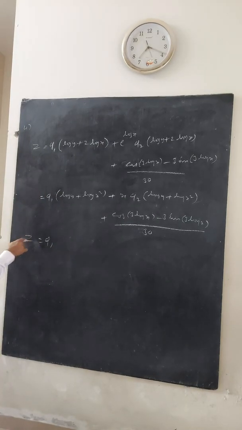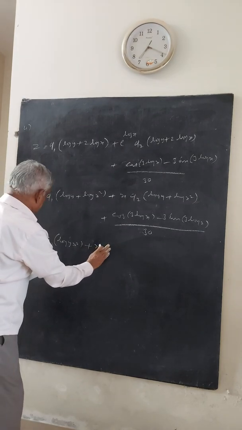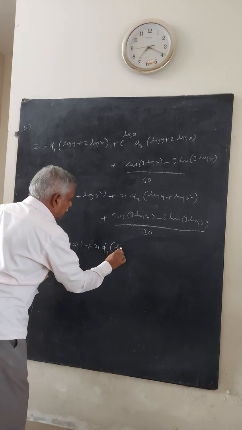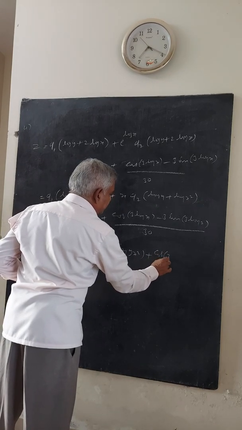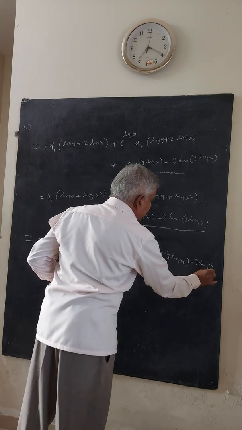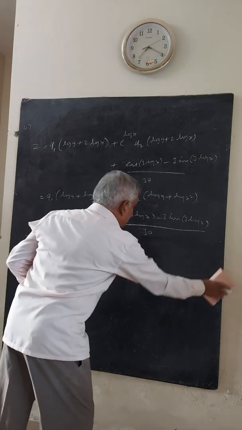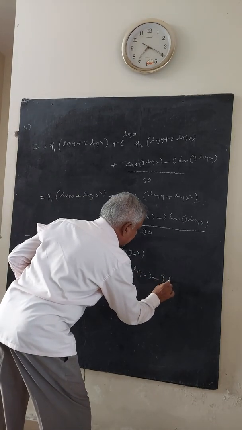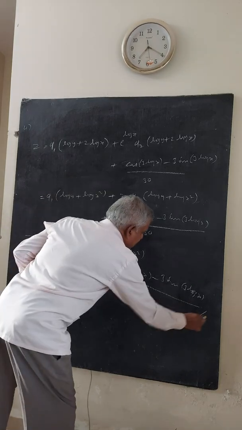This is the final solution: phi 1 of log y x square plus x phi 2 of log y x square plus cos 3 log x minus 3 sin 3 log x by 30. I am writing below to write clearly: cos 3 log x minus 3 sin 3 log x by 30 is the answer.